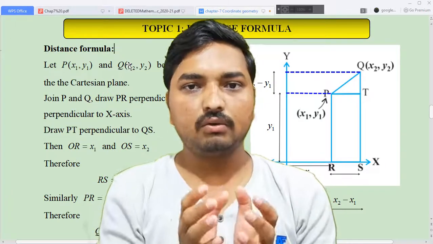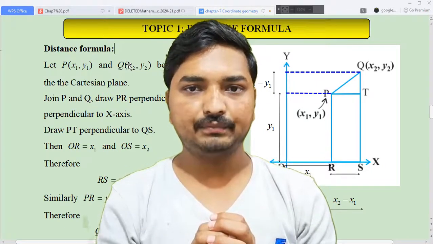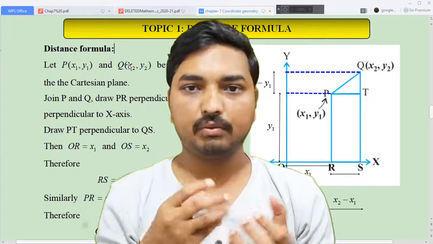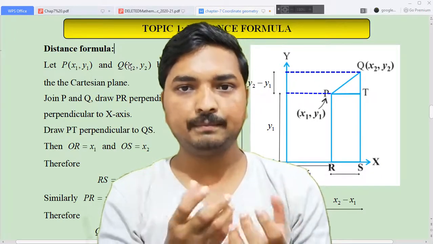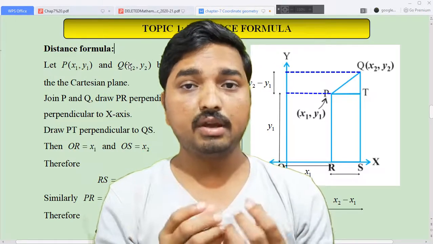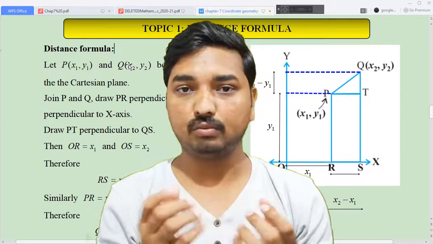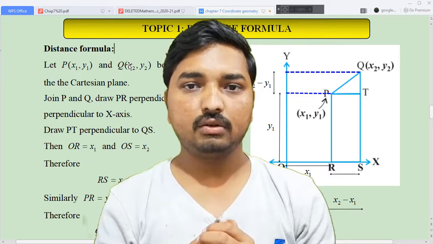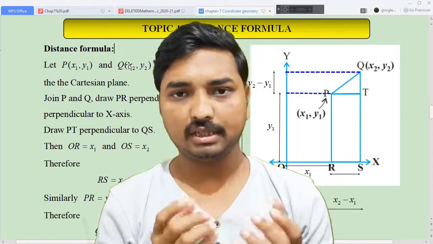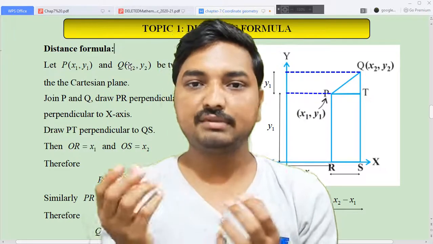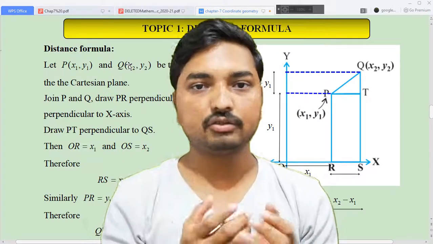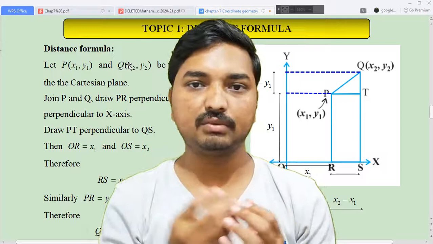Now in the Cartesian plane, whenever two different points are given to you, you are going to measure the distance between those 2 points. One method is the traditional method: just by using a scale or a measuring instrument, you can measure the distance between those 2 points.